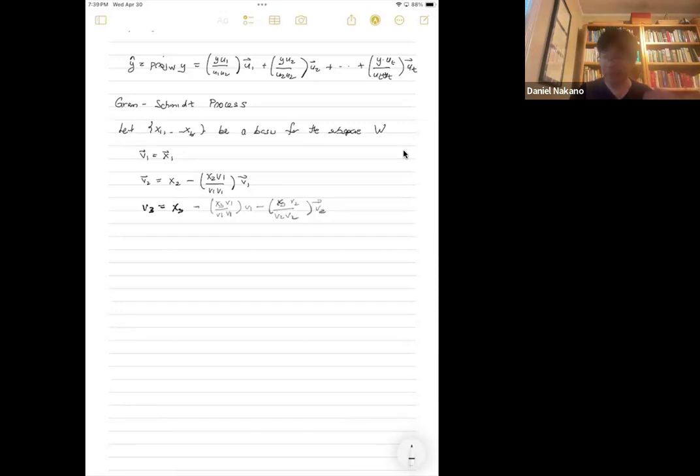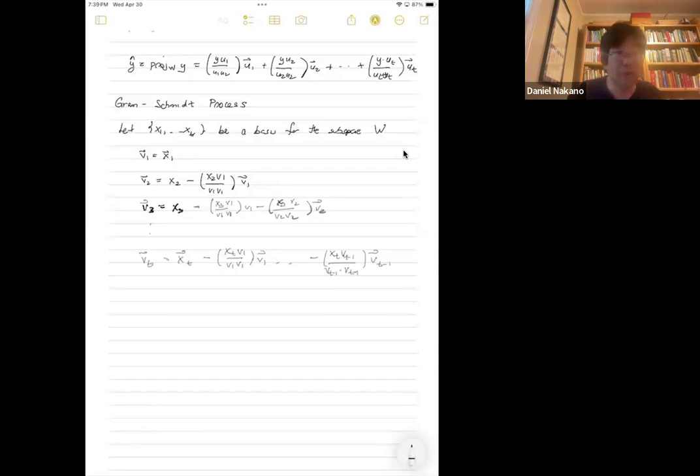The final step, dot dot dot: at the end, for the last vector, you take xt and subtract off the projection, minus xt dot v1 over v1 dot v1 times v1, and so on, minus xt dot v(t-1) over v(t-1) dot v(t-1) times v(t-1). So these are vectors and the other ones are inner products.